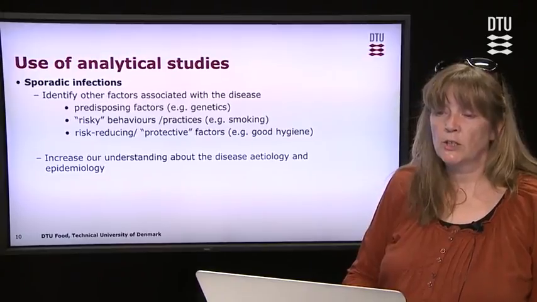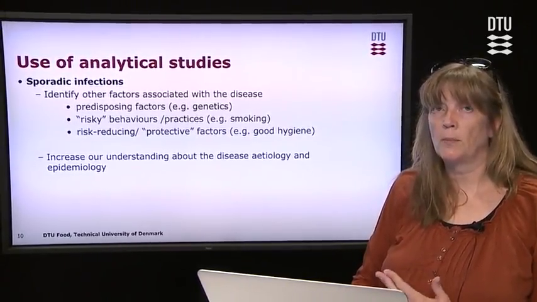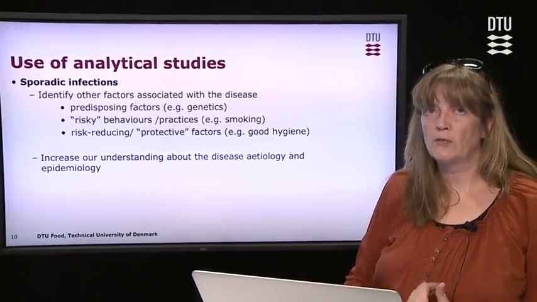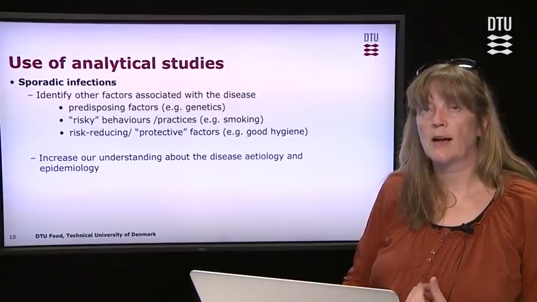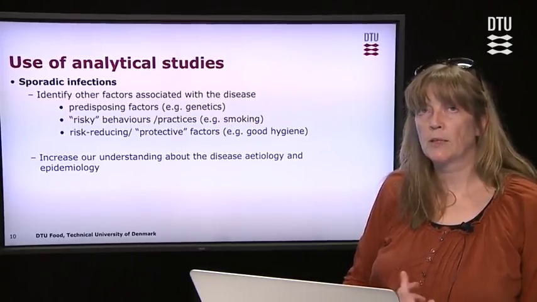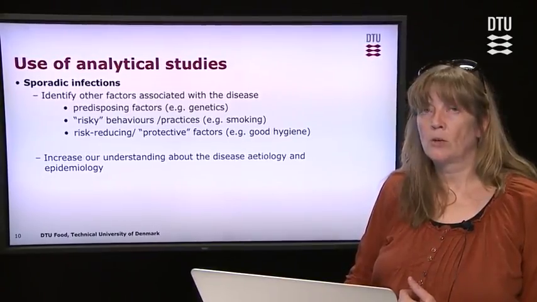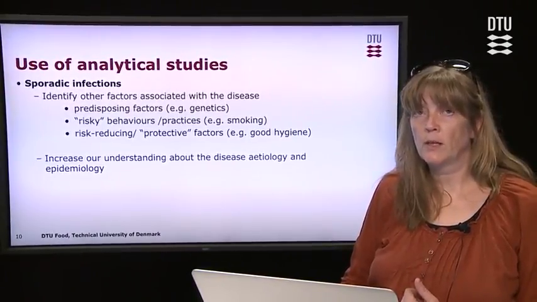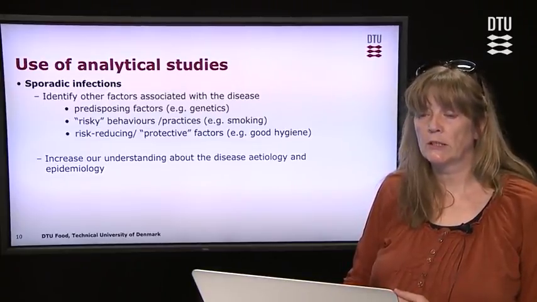Use of analytical studies in sporadic infection. Well, first of all, we can use them to identify risk factors. That is not only food exposures, but also other risk factors like predisposing factors. It can be genetics. It could be chronic disease, for instance. It can also be risky behaviors. In many chronic diseases, smoking is also a risk factor, for instance.